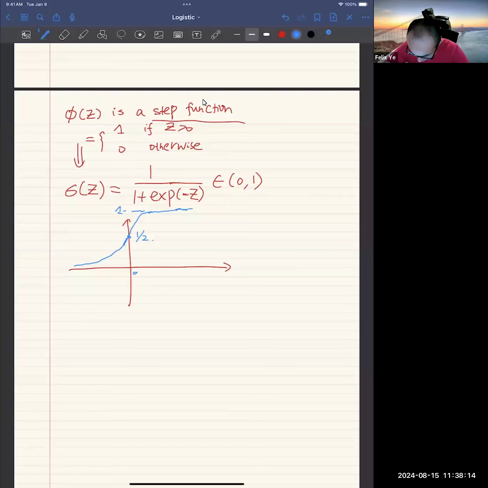As a comparison, my step function is just something like this. You can think of this as relaxing the step function to be something that is infinitely differentiable.